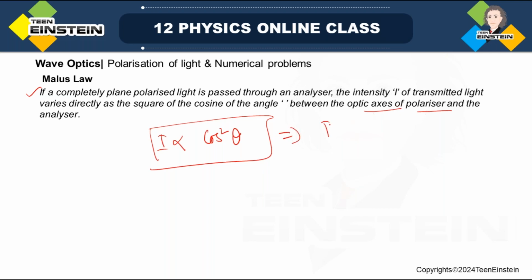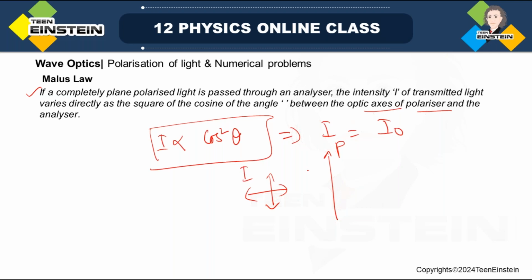So the proportionality constant is I0, which is the highest intensity we get after polarization. Before that, I have unpolarized light and I have a polarizer here.